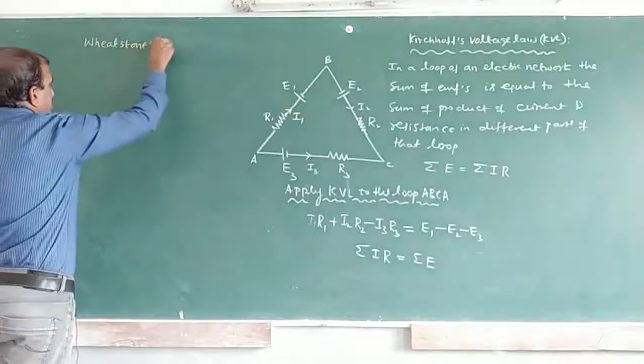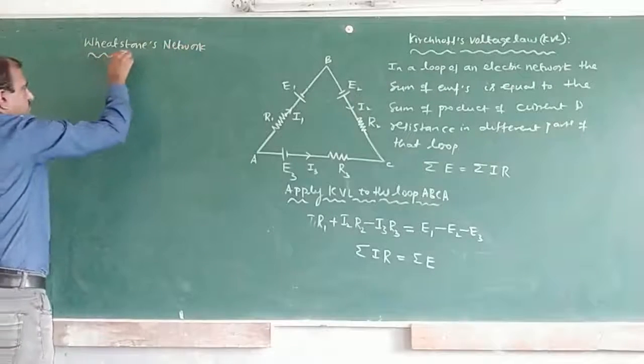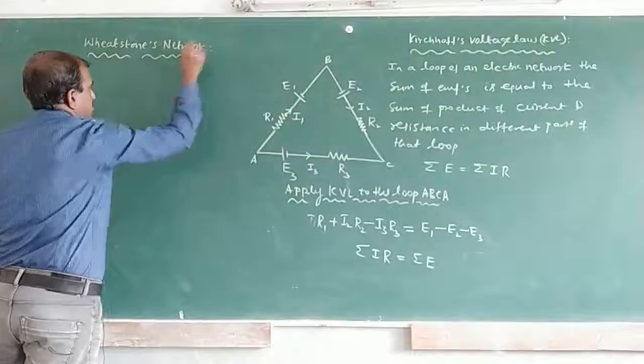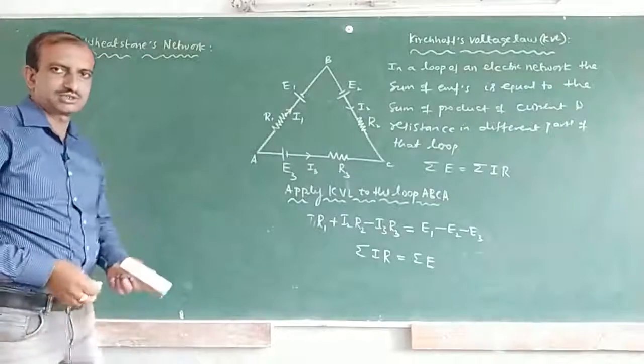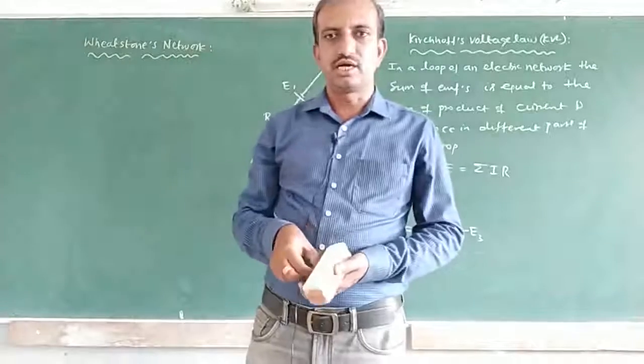Wheatstone's network consists of four resistors, connected so as to form a quadrilateral.